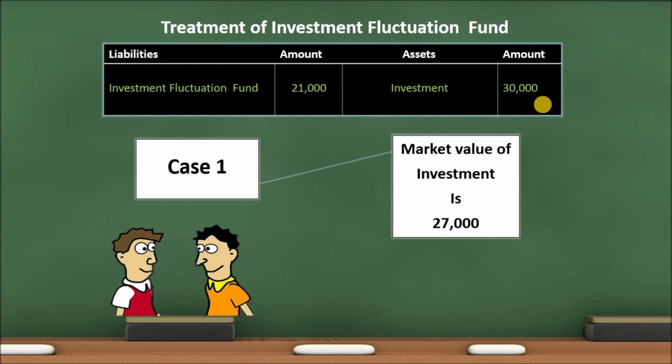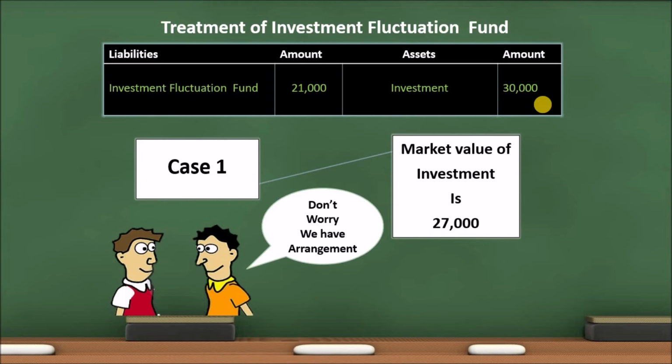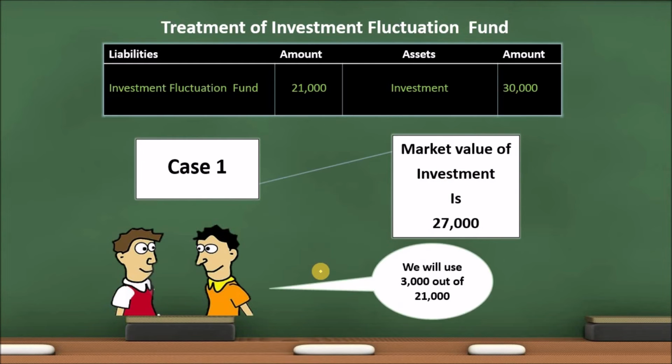Case 1, when the market value of investment is 27,000. Here the two partners Mohan and Sohan are discussing. Sohan is saying, don't worry, we have an arrangement. We will use 3,000 out of 21,000. Now how is this 3,000 calculated? If you can see, the book value is 30 and the market value is 27.